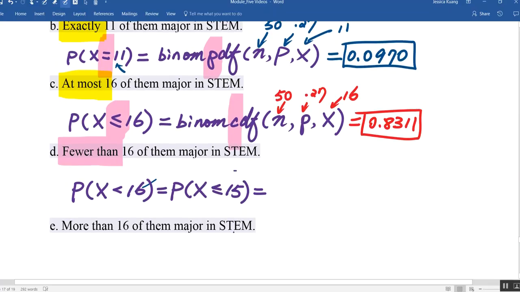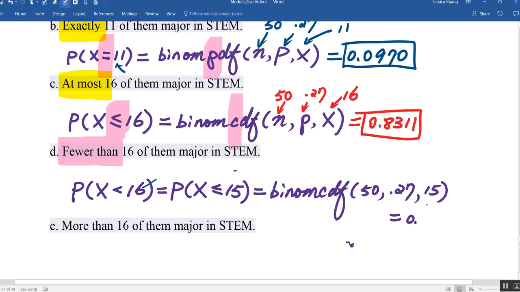And from here, all you have to do is use binomcdf, and n is 50, p is 0.27, x is 15. I calculated that in advance, and the probability was 0.7425.